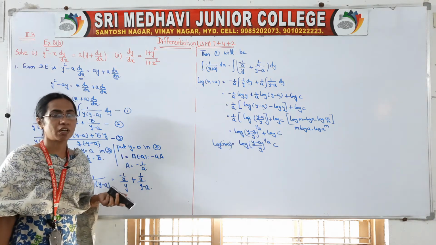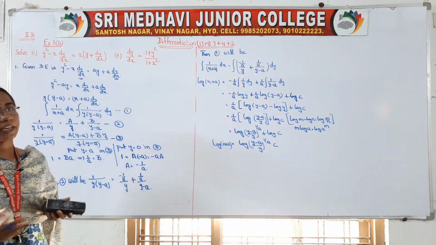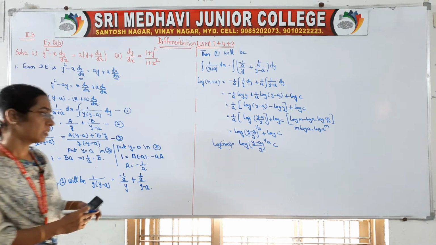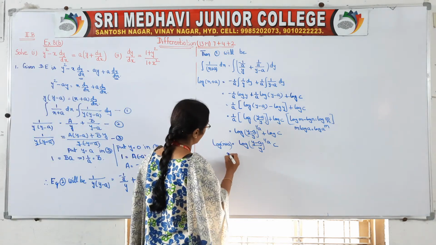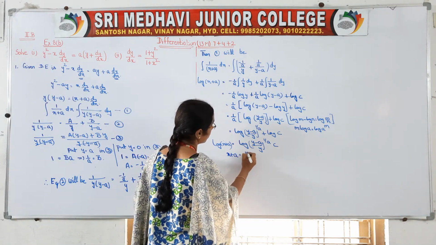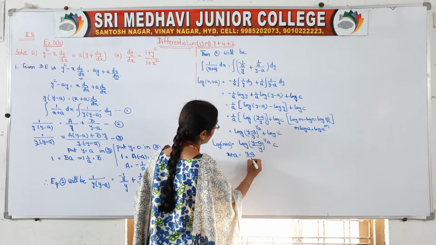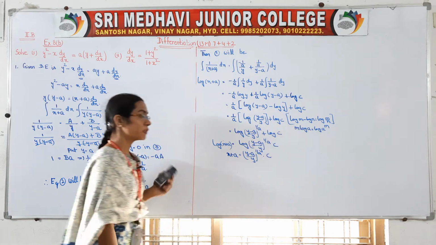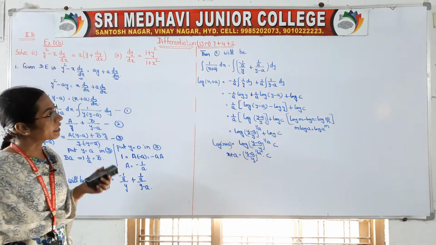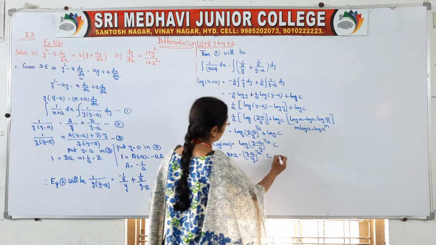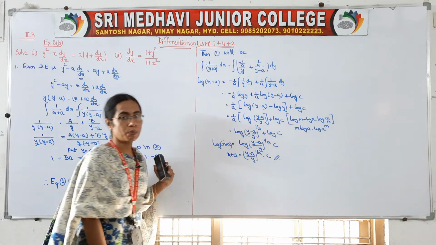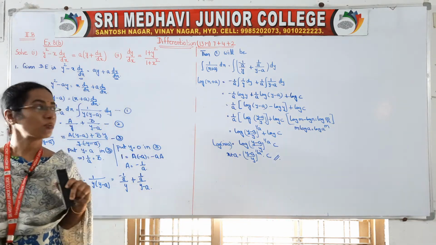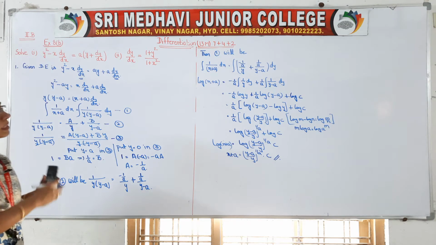If log a is equal to log b, we can write a is equal to b. So here, x plus a is equal to ((y minus a) by y) to the power of 1 by a, into c. This is the required solution for your 7 marks problem. We applied many formulas here, but all are simple.